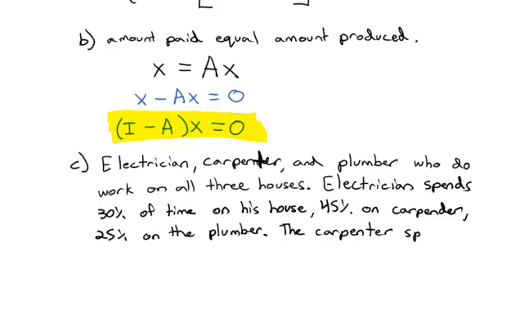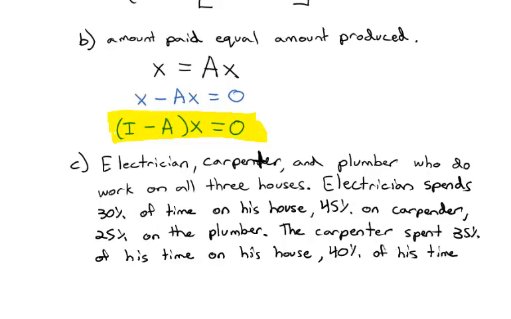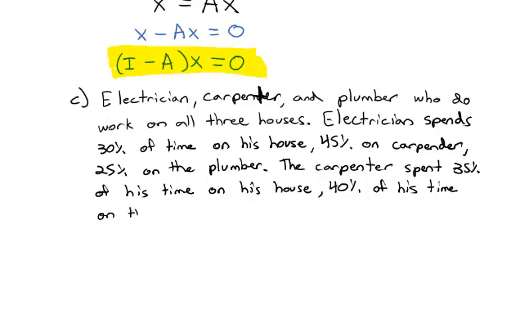The carpenter spent 35% of his time on his house, 40% of his time on the electrician, and 25% of his time on the plumber.